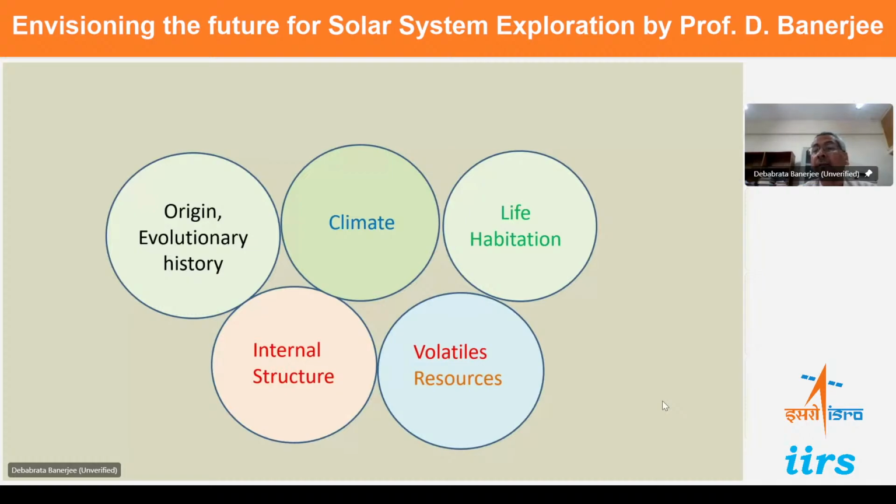And the last circle relates to themes of volatiles and resources. In situ resources are extremely important. People are already thinking about ideas as to how to mine an asteroid. And there are works in the literature which look at asteroid mining.